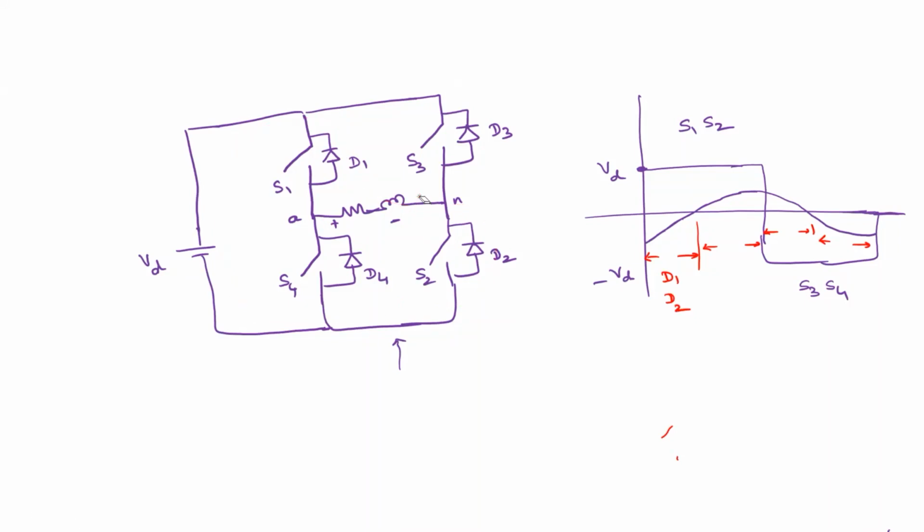In mode 2, both S1 and S2 are in conduction because the power is positive, so the circuit will be like this.